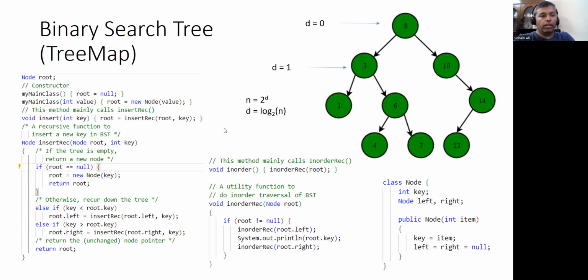Okay. And likewise, if we talk about insertion, the approach is very similar. Just keep traversing until you find a balanced root node, and then insert the item over there.